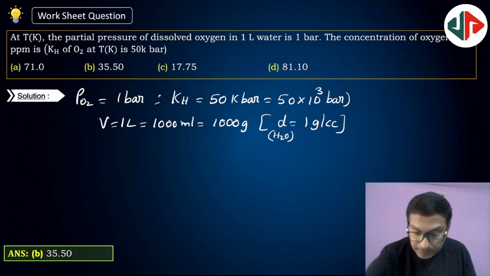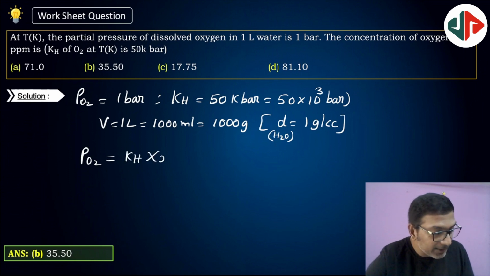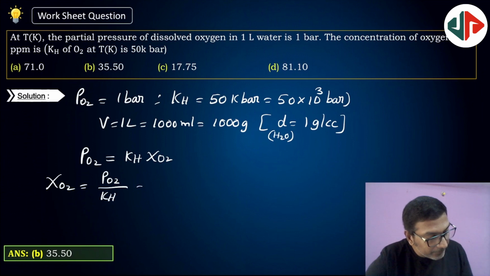Next, according to Henry's law, partial pressure equals KH into mole fraction of O2. So from this, mole fraction of O2 equals PO2 by KH. So here PO2 is 1 bar by KH, 50 into 10 cube bar.